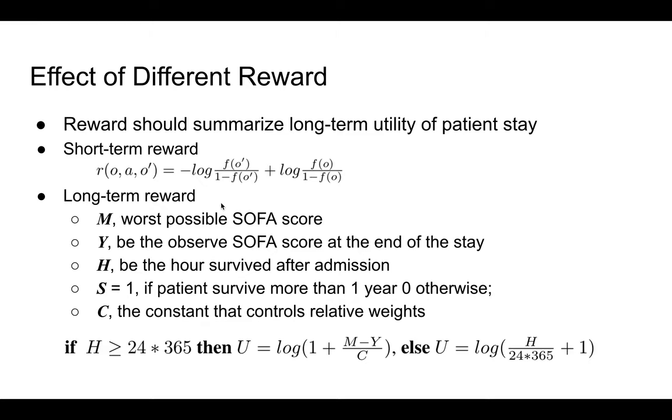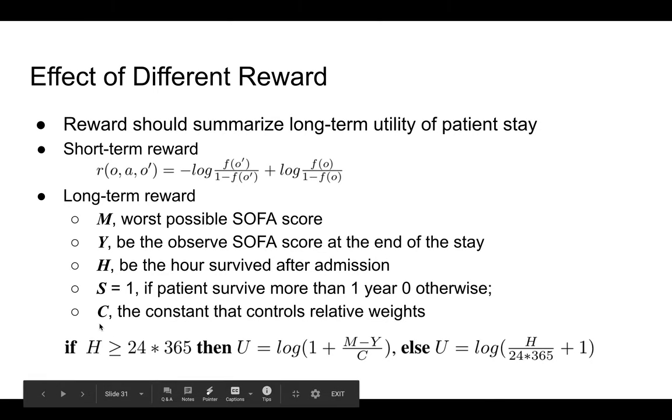So here we design a long-term reward which encodes two factors. The first factor is the improvement of patient status within the ICU stay. The other factor is the survival time of the patient after ICU discharge. And C is the relative weight of these two factors.